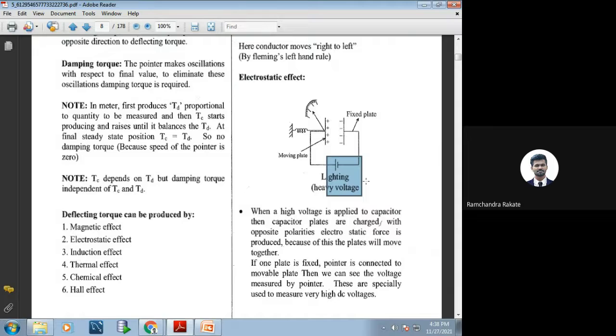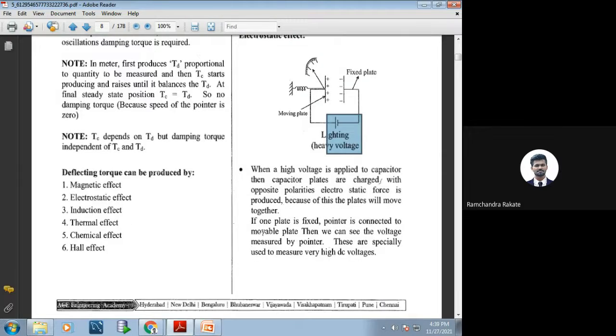Now we'll see the next one. In electrostatic, if one plate is fixed and the pointer is connected to the movable plate, then we can see the voltage measured by the pointer.